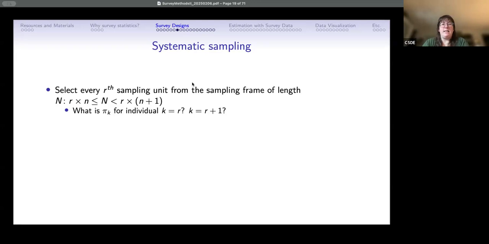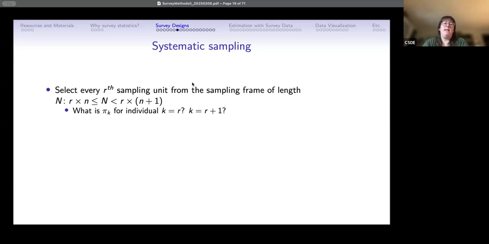So if I have a phone list of people in my population, I could pick r to be 8, let's say, then I would take the 8th person, the 16th person, the 24th, 32nd, etc., as my sample.